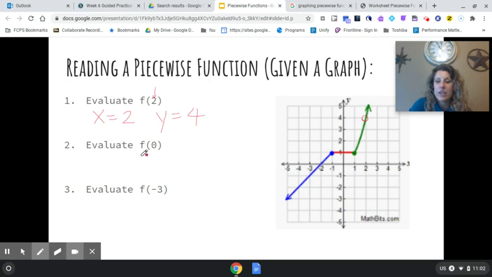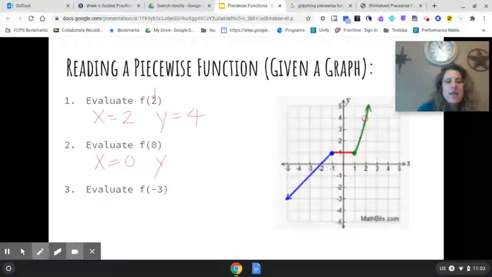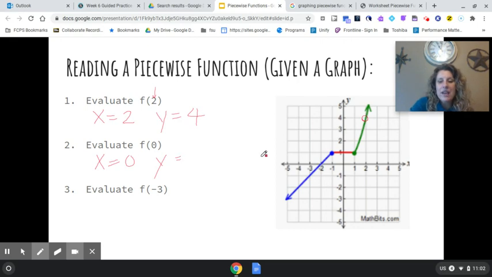Okay, let's take a look at f of 0. Again, 0 is the input, so I know x equals 0, and we want to know, what does y equal? When x is 0, I don't move left or right. I stay right there in the middle. If I go up, the y value is located on the red line this time, and that's at a y value of 1.